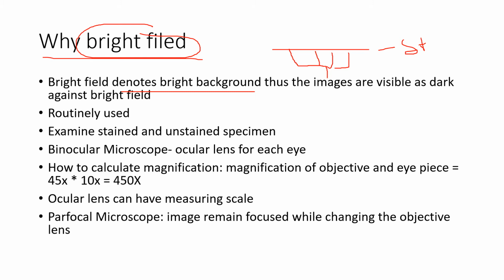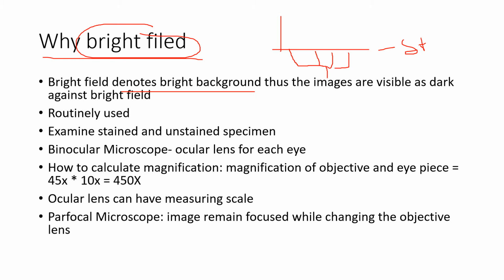And how do we demarcate the image? The specimen has cells, and cells have different refractive indexes. The cytoplasm has a different refractive index, and the cell membrane has a different refractive index. So when light passes through the field, it doesn't get refracted and clearly reaches the objective lens. But when it passes through the specimen or the cells, it gets refracted.